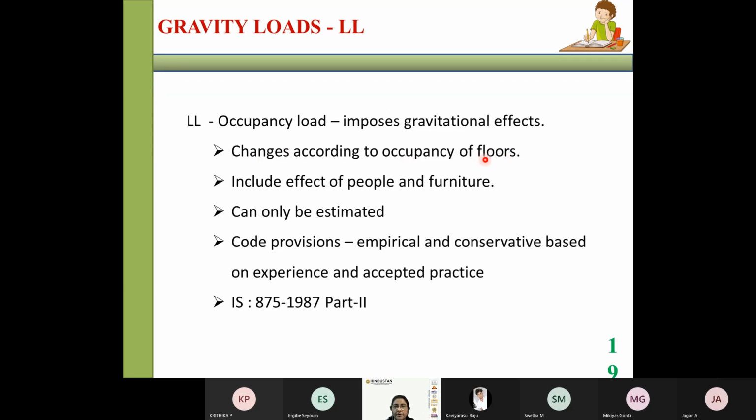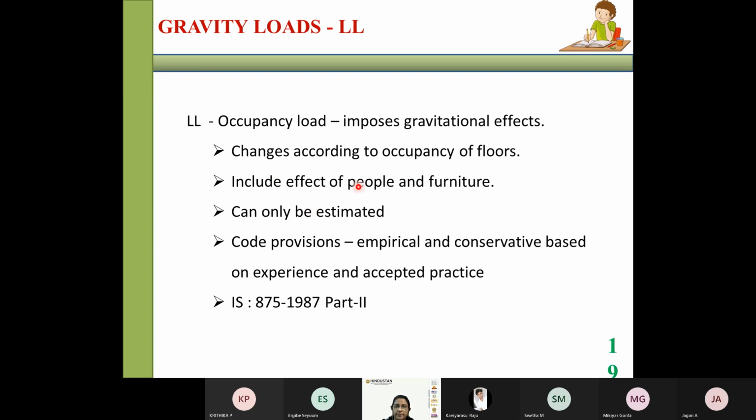If it is a 100-story building, the 100th story may be just a floor without any material or occupancy. It may be just a fancy floor. Maybe from the 50th up to the 75th floor you will have some occupancy.